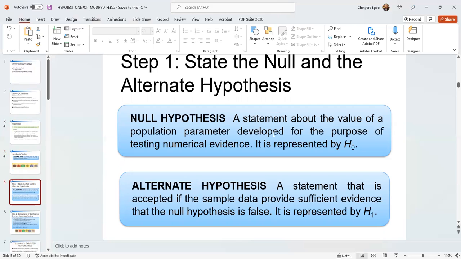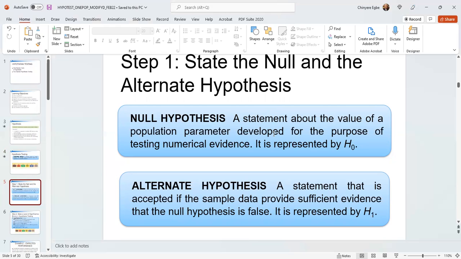Like I said, the average age of houses: the parameter here is the average, and the value of the population parameter is 80. So 80 is the value. And then you subject that to a test. And so the null hypothesis is represented by H0.